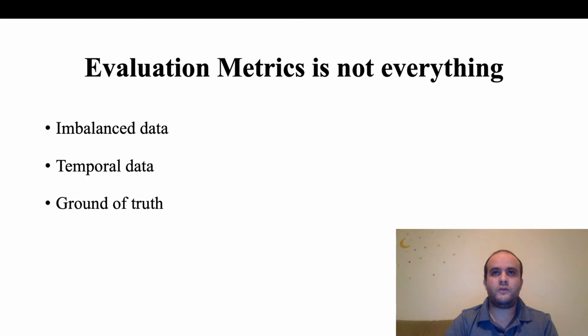Another very important thing: you predict something, and okay, your metric is static. I have an accuracy of 90%, I have precision of 99. But when did I predict it?